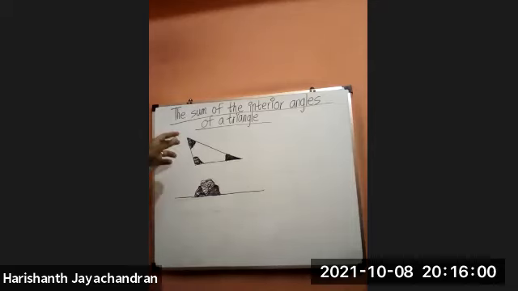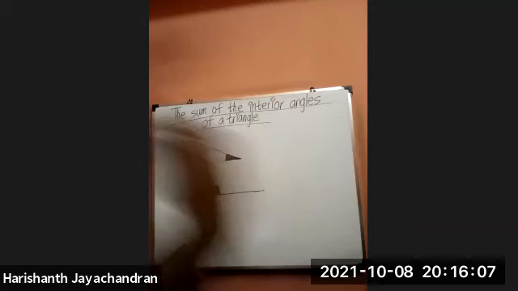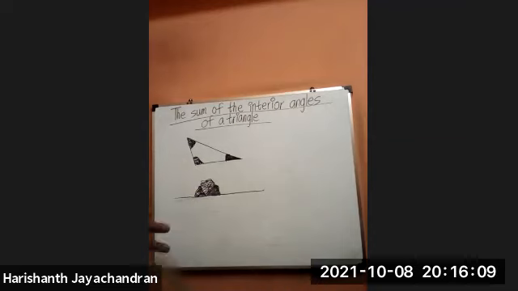So what I'm trying to say is the interior angles of a triangle add up to what? The sum of these three interior angles is 180 degrees. And normally the angles should be given with the units as what? Degrees. So we would say 180 degrees.